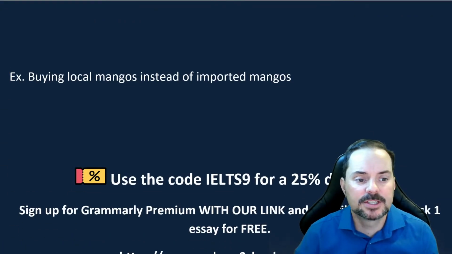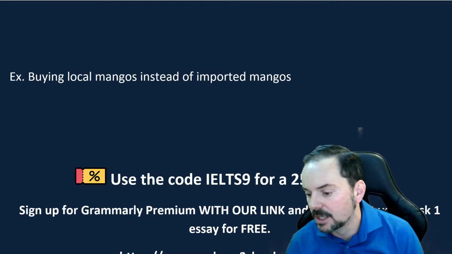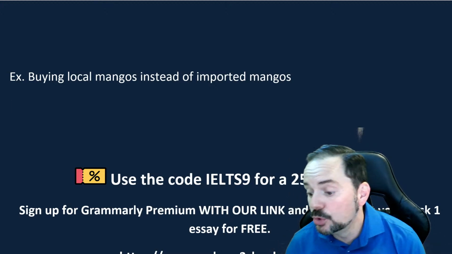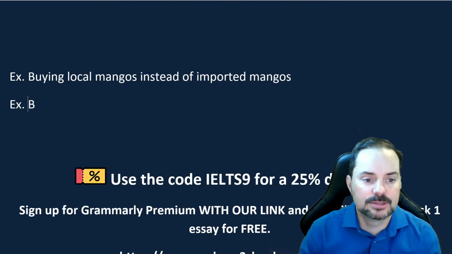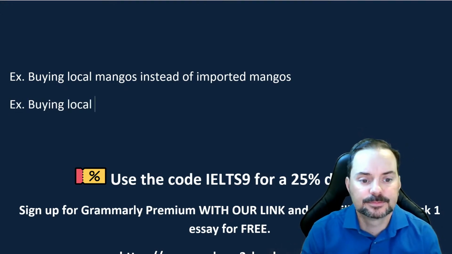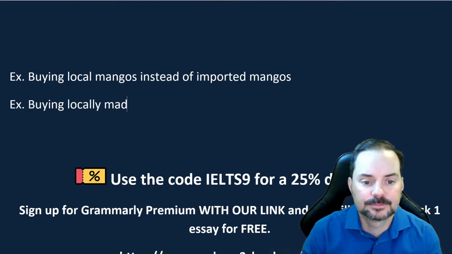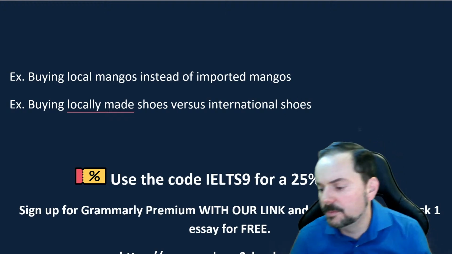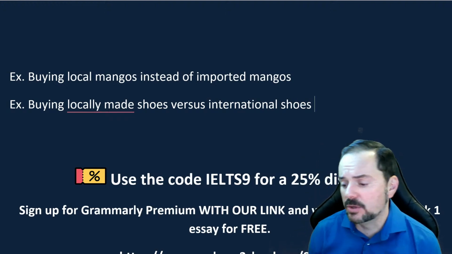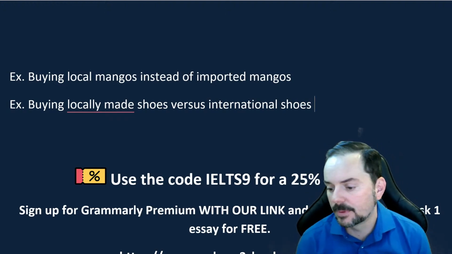Let me separate that out for a second. Shoes. Very good. So buying local shoes versus international shoes. What would be an international brand of shoes that you have bought?